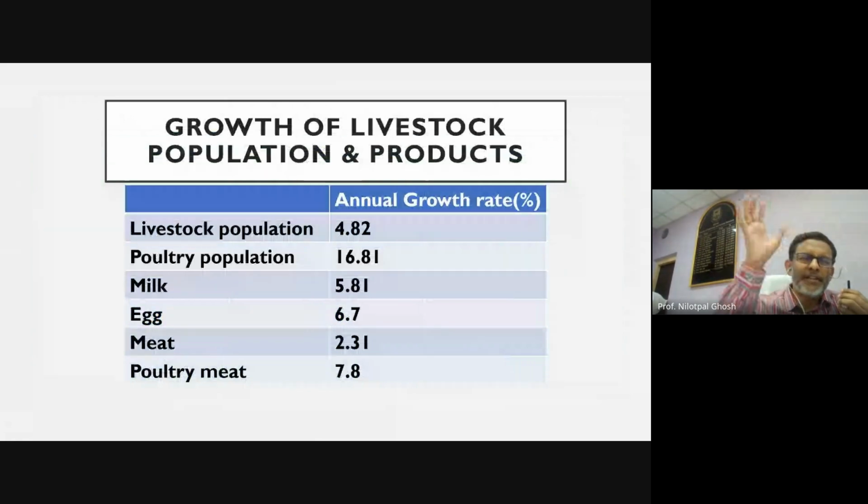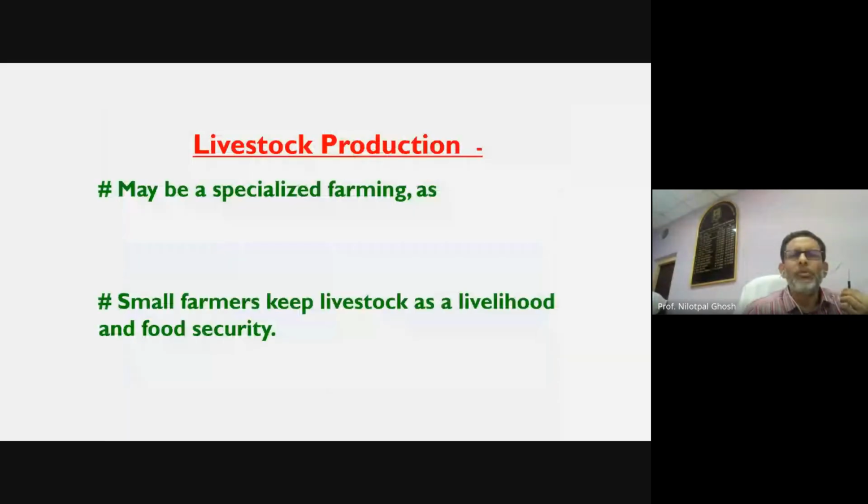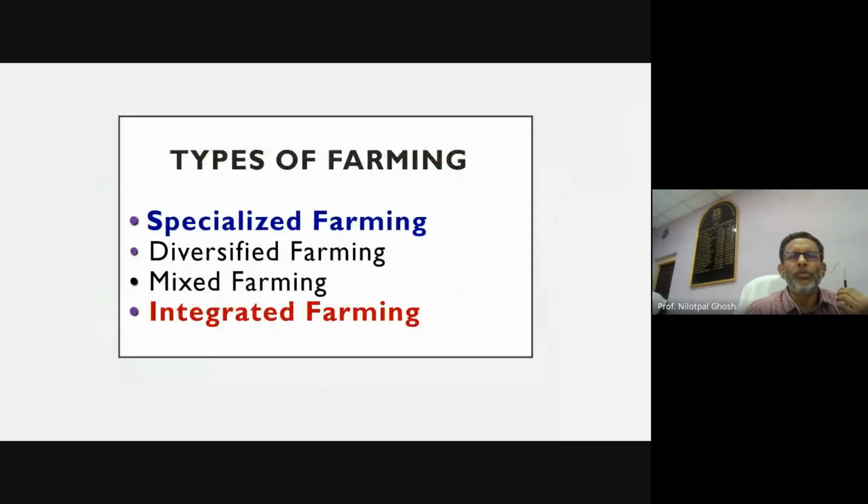Now, in every sector of the animal husbandry, there is a positive growth rate from 2.3% in meat to even 16% in poultry population. Now, I will show you what types of farming system we are practicing in our country.